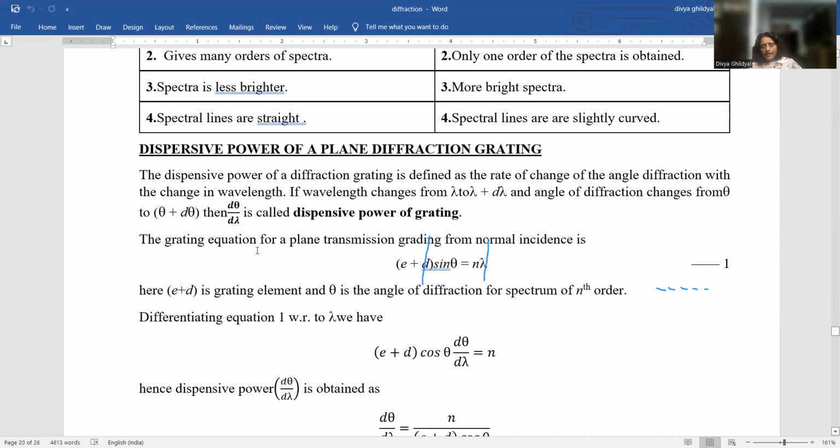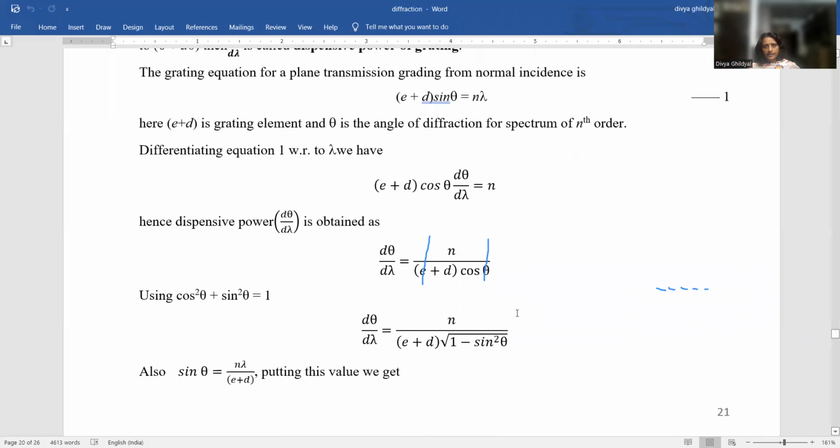The grating equation for a plane transmission grating for normal incidence is (e+d) sin theta equals n lambda. Here (e+d) is the grating element, theta is the angle of diffraction.